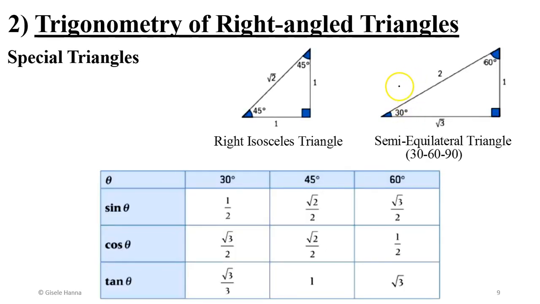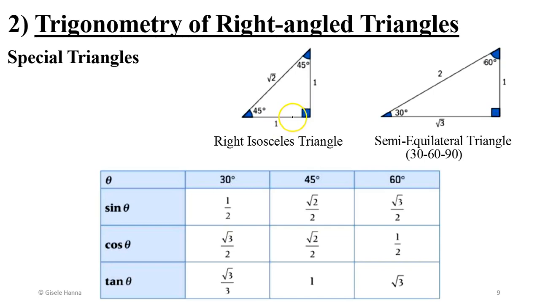Now these are some special right triangles. Over here we're looking at a right isosceles triangle. Now a right isosceles triangle has base angles equal to 45 degrees, and we'd have the right angle here that is formed by the two legs of the right triangle.